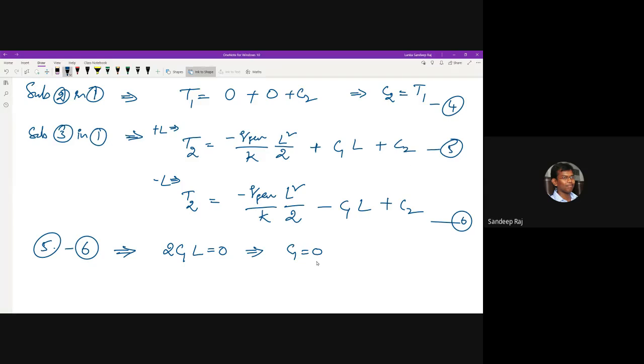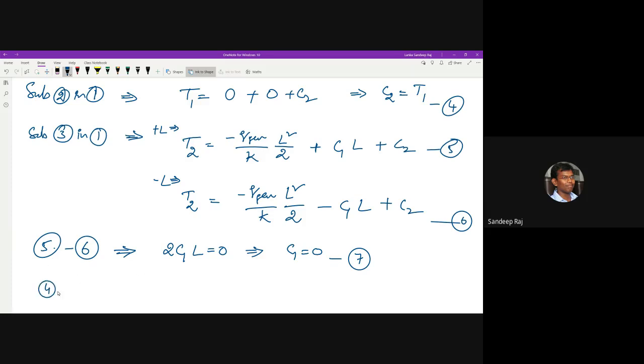Okay. So that's how you got the arbitrary constant values. Call this 7. Okay. So what you do now is you substitute the values of C1 and C2 into your expression 1.